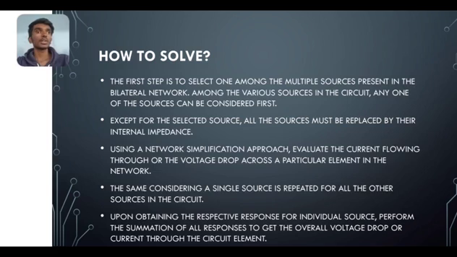Next point. Using a network simplification approach, evaluate the current flowing through, or the voltage drop across, a particular element in the network. Next point. The same procedure considering a single source is repeated for all the other sources in the circuit.